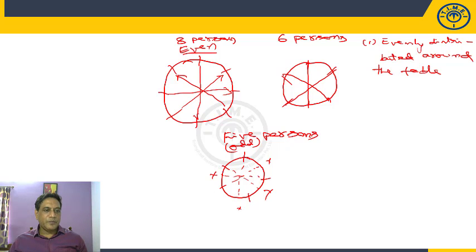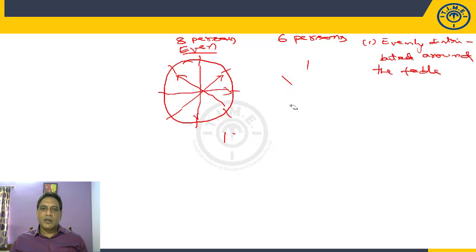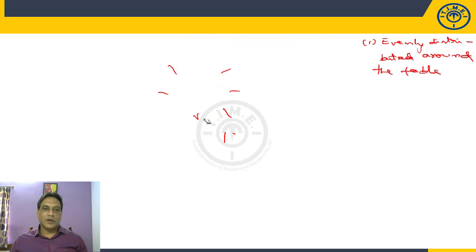That is one point. The next point is here left and right. What do we mean by left and right in circular arrangement? And here we have to consider, when nothing is given, whether the persons are facing the center or facing away from the center.